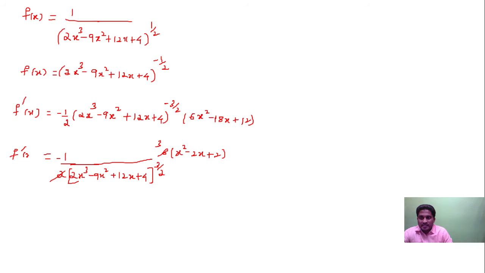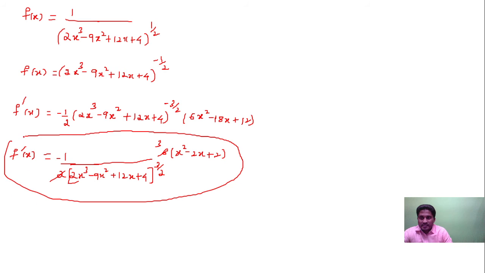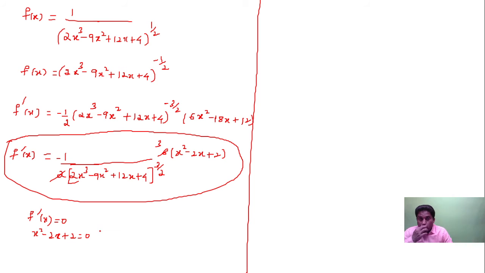Now let me check where it is increasing and decreasing. I should use increasing and decreasing applications of derivative. If I equate this to 0, obviously the denominator will not be 0. If I cross multiply, only the numerator factor will be 0, the remaining are constant terms. Taking 6 outside, this is x square minus 3x plus 2, so this is x minus 1 into x minus 2 is equal to 0.